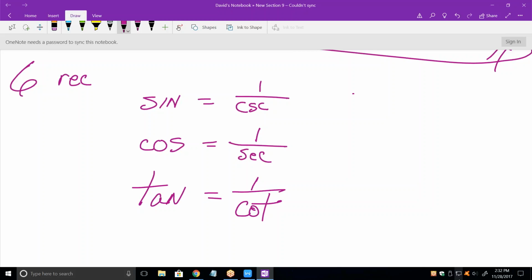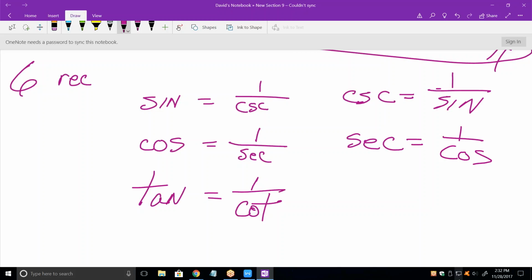So you tell me the other 3. What is cosecant equal to? That'd be 1 over sine. What is secant equal to? One over cosine. And what is cotangent equal to? 1 over tangent. You have to know these 6.